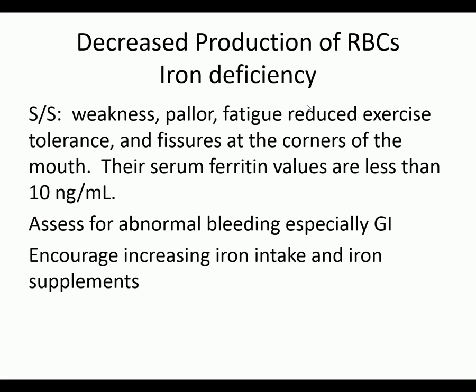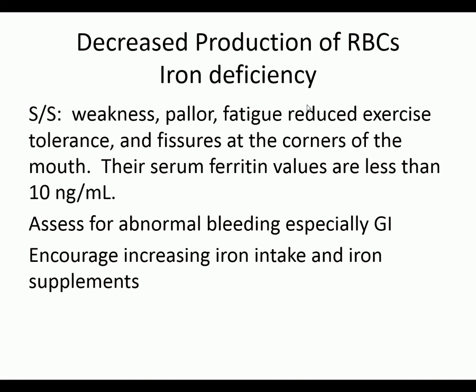The red blood cells are microcytic, which means they are light red, and they have mild symptoms of anemia like weakness, pallor, fatigue, reduced exercise tolerance, and fissures in the corners of their mouth. Their serum ferritin values are less than 10 nanograms per milliliter. You want to evaluate them for abnormal bleeding, especially from the GI tract. Okay, see where that blood's coming from. See if you can find it.